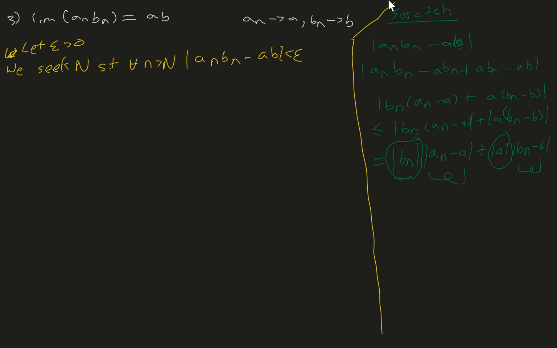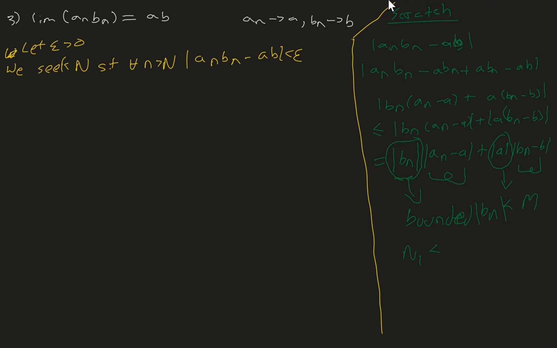We know b_n is a convergent sequence, and from the previous video we know that all convergent sequences are bounded. b_n converges to the limit b, so it's bounded, and a is just a constant, so we can handle this anyway. We're going to say b_n is bounded by M.